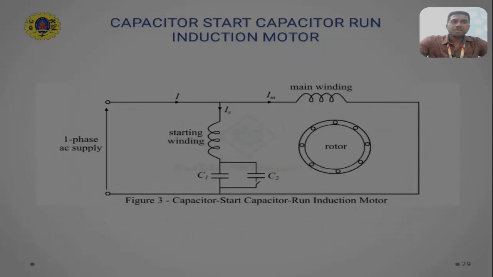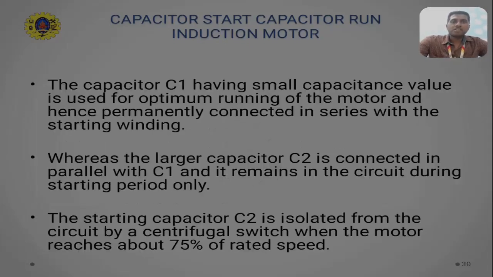As you see in the construction, the second capacitor is in parallel with the first capacitor. The values are chosen such that capacitor C1 has a small capacitance value, so it is permanently connected in series with the starting winding.